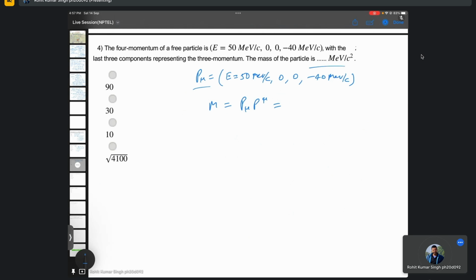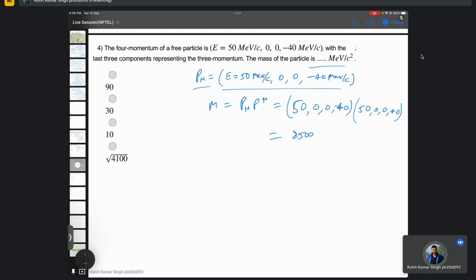And so to find the 4 momentum, suppose this is the covariant one, so 50, 0, 0, minus 40, and the contravariant one, the time signature is same, but the spatial part will be negative, so this, and then we will just sum the products.